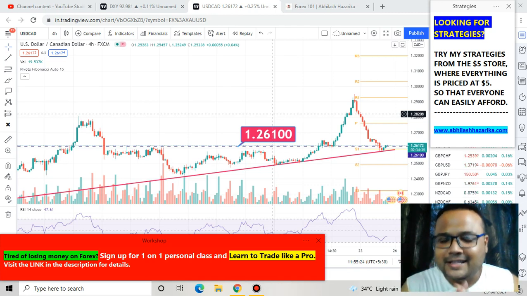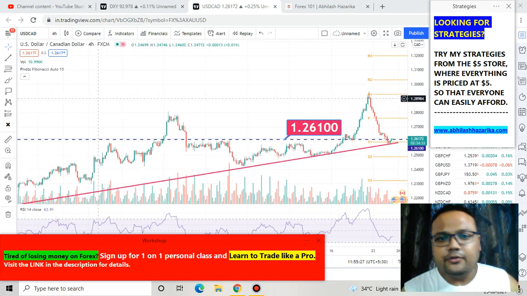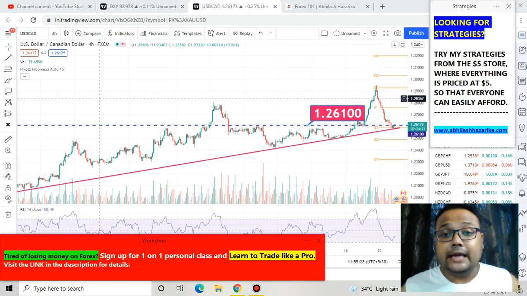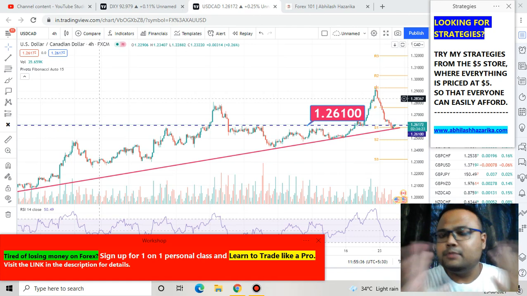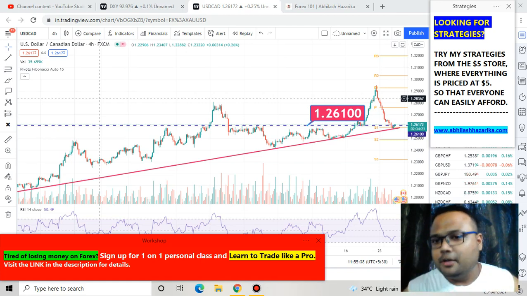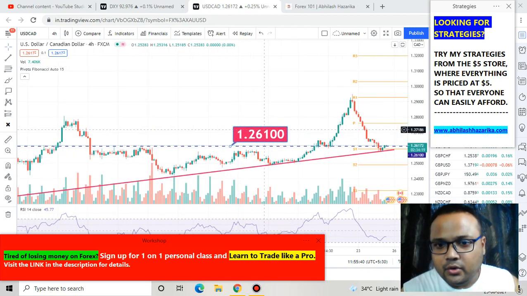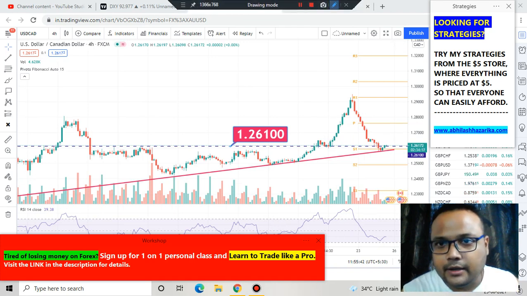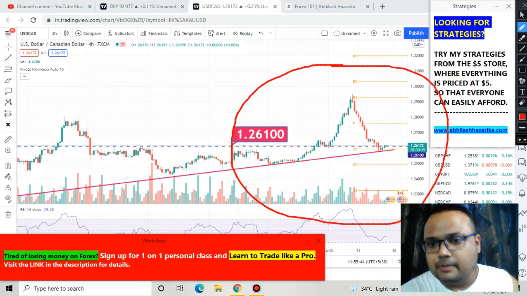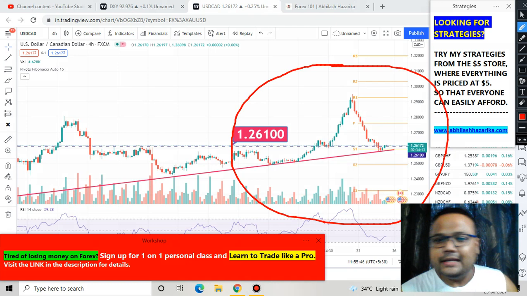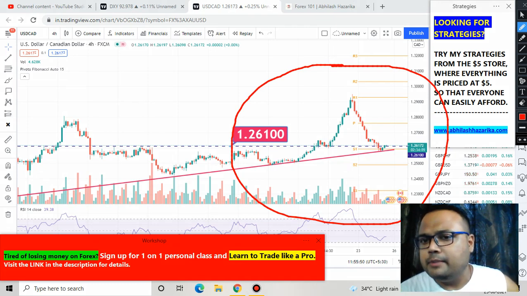So first and foremost, if we look at the chart of USD CAD, one thing is very clear to us, that this market is in an uptrend. You can clearly see that. There should not be any doubt. And if we look at the present portion of the market here, though the market went up and was extremely bullish, it also came down.